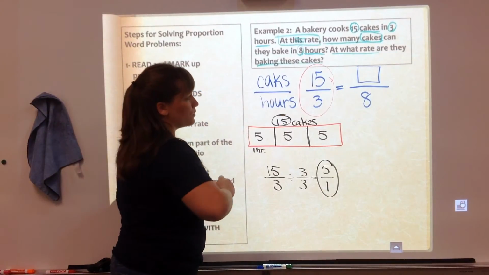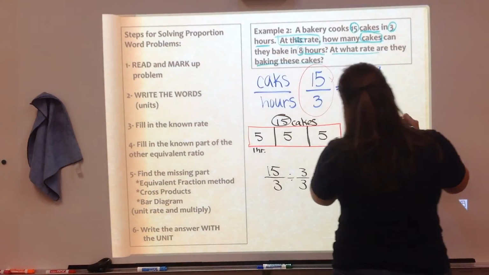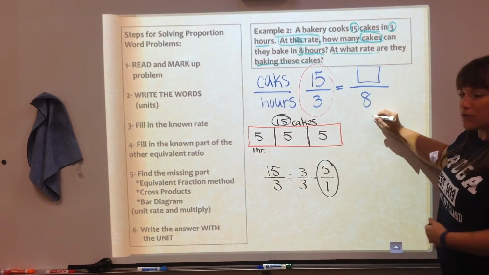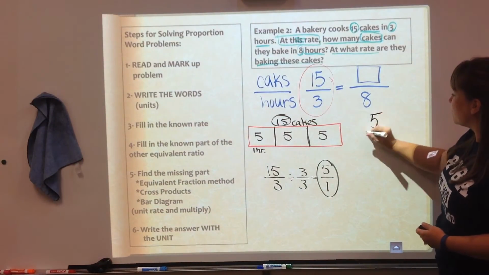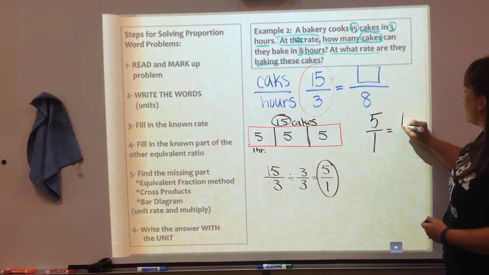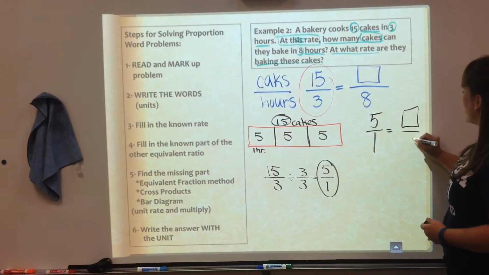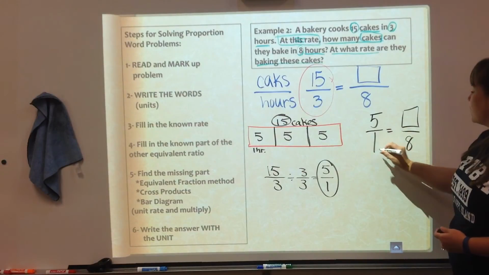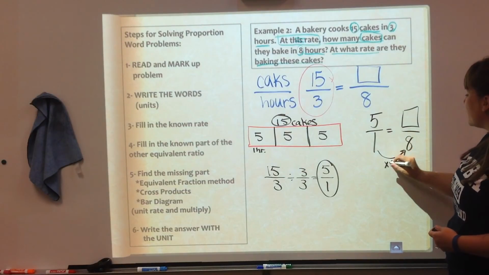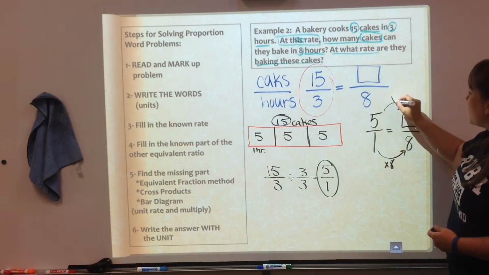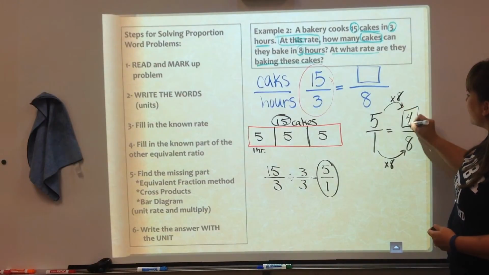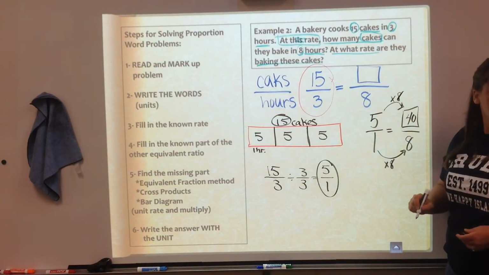So what I'm going to do is right over here, I'm going to rewrite, instead of 15/3, that is the same as 5/1. And now we want to know how many cakes for 8 hours. Because it's a 1, now I can multiply by 8 and get 40 cakes.